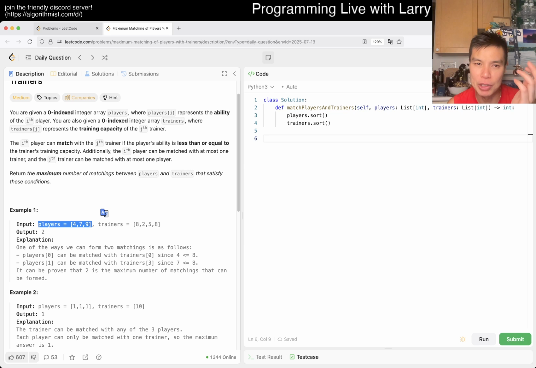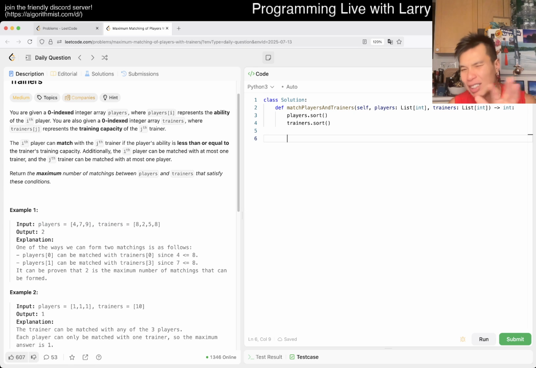I mean, technically speaking, you have to iterate through both, but not at the same time. You may have to iterate through trainers, but after you process players, or the other way around, where you iterate through players, but only after you process trainers in some way. Of course, binary search may be, sorry, I gave the spoiler. I mean, sorting is some sort of pre-processing anyway.